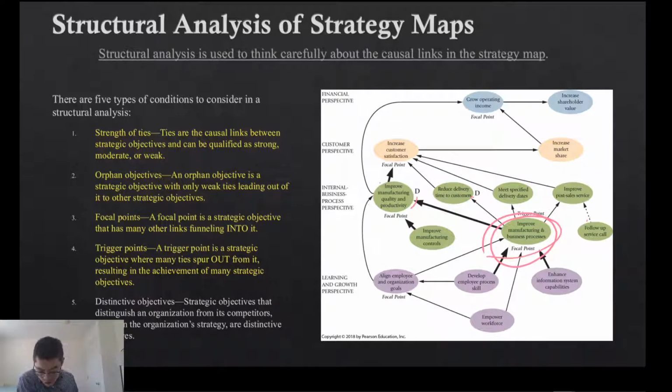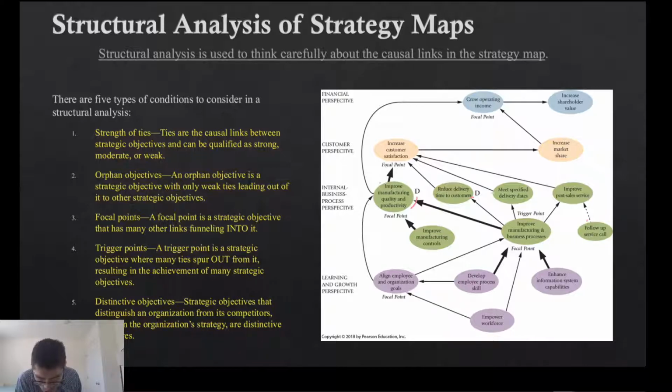And then the last one is distinctive objectives. That is a strategic objective that distinguishes an organization from its competitors based on the organization's strategy.